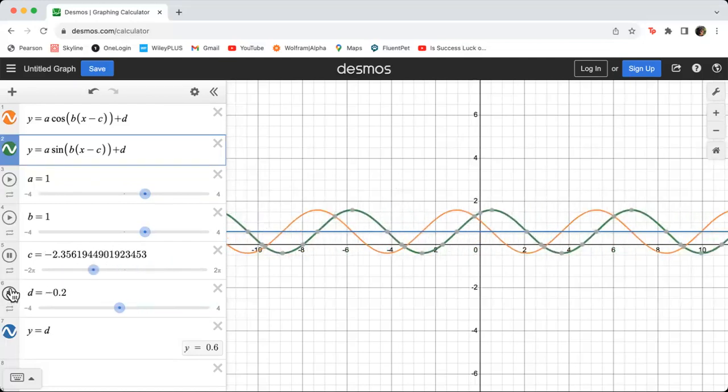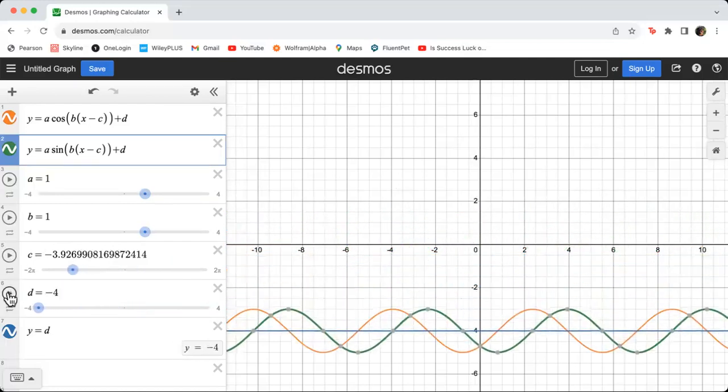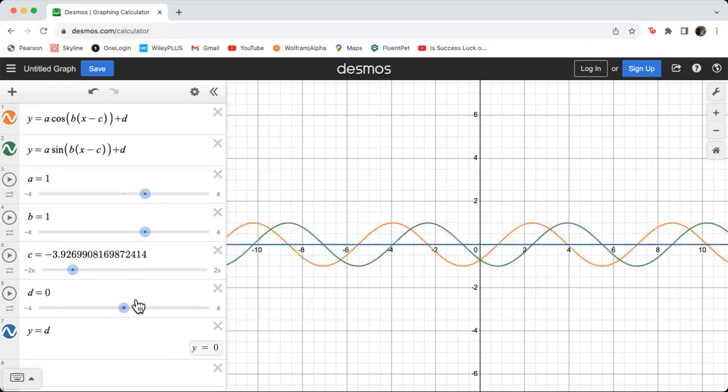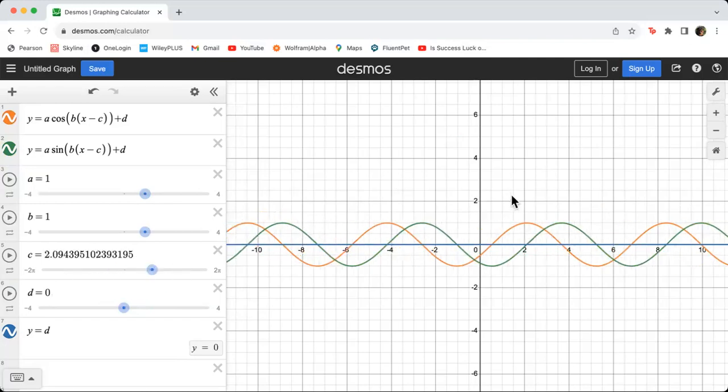Notice that if I pause the value of C at some point, instead of the top being at 0, the top is over here at 2 pi over 3. So we can think about this as the starting point moves off of 0. C is moving the start off of 0.